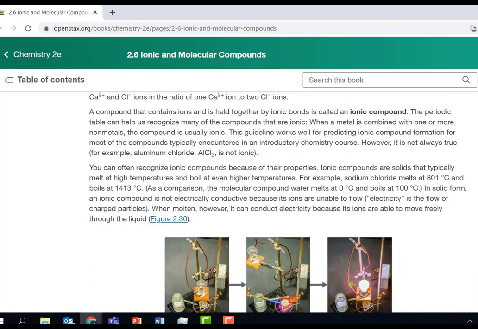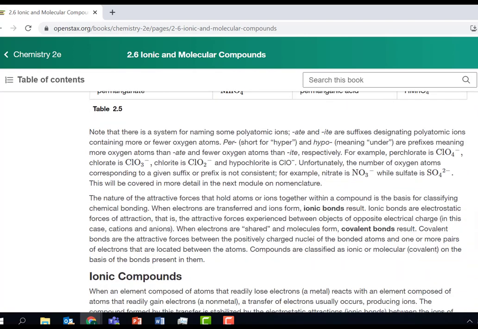In terms of the nomenclature, we will be revisiting nomenclature for ionic compounds because we know a lot more now in terms of why things are the way they are. So that is a little segue in our current module. We're going back and revisiting a few things.